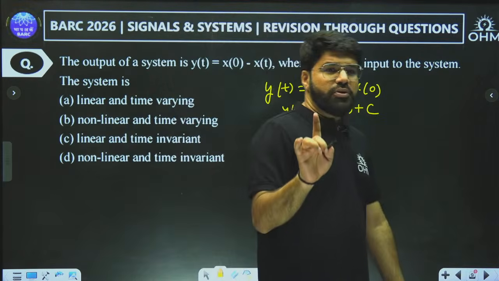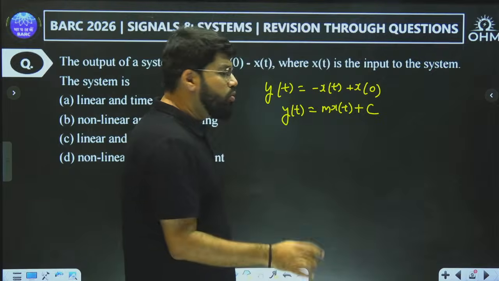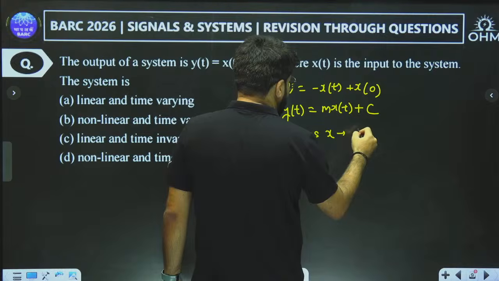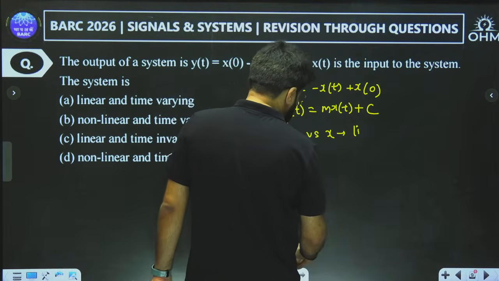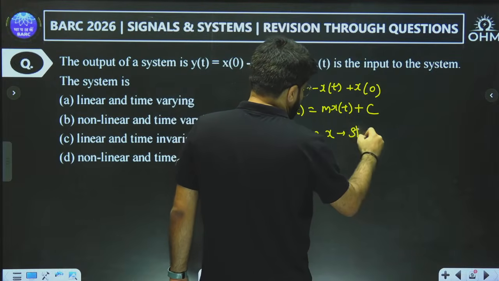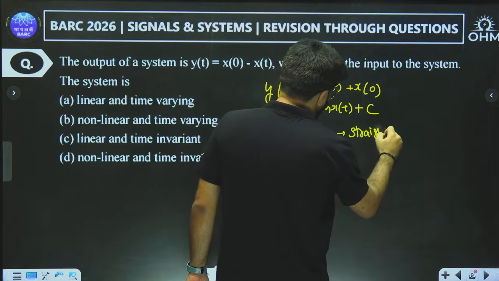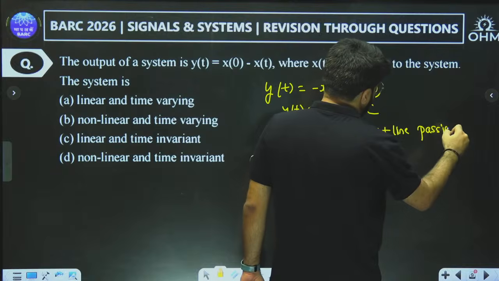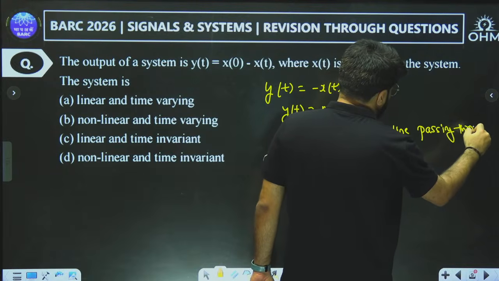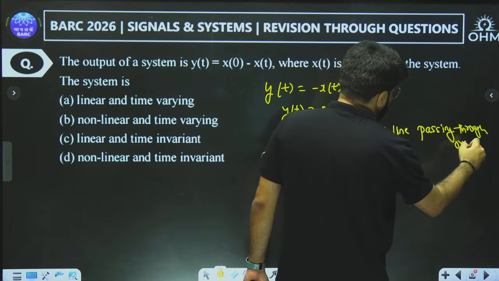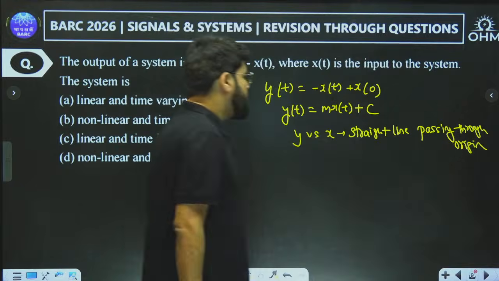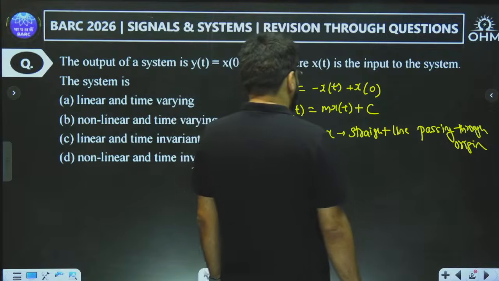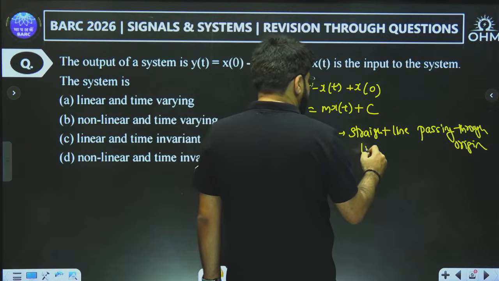Input versus output has to be a straight line passing through the origin. Whenever y versus x is a straight line passing through the origin, only then it is linear.